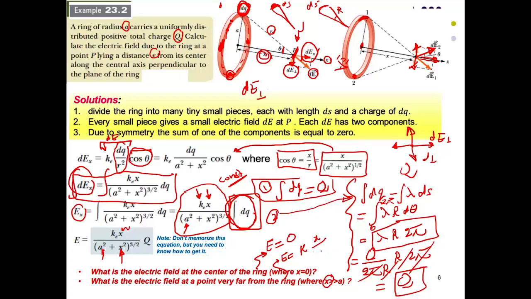Now you have x cubic. So x with x cubic will be x squared, so it's going to be equal to K Q divided by x squared, which is the same equation for a point charge, because if you are very far, the ring will appear to be a point charge. Okay. So that's the solution for that.